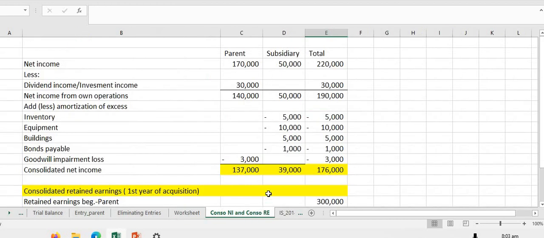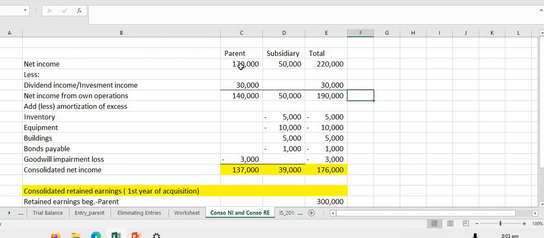So, other way of computing for our consolidated net income, diba? So, yung formula na i-provide natin, so, yung net income ni subsidiary, that's 170. Then, ang net income ni parent is 170. Then, kay subsidiary is 50,000. So, we have 220,000. Then, diba, i-deduct natin yung dividend income. We determine the net income from own operation of parent of 140 plus 50.